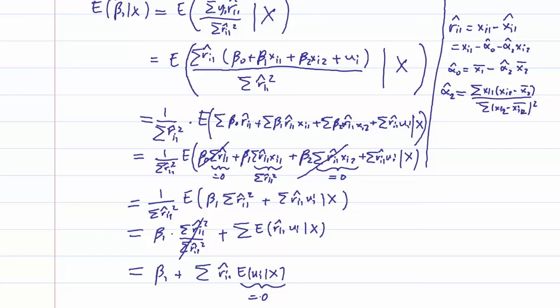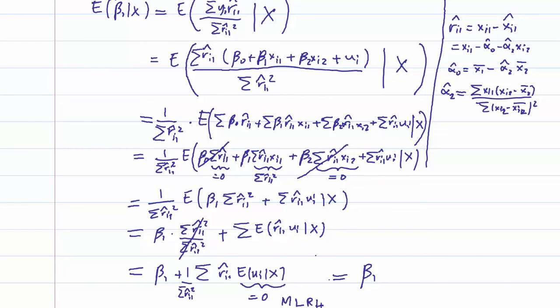This is equal to 0 according to Gauss-Markov assumption 4, MLR 4. And if this expectation is 0, the product of 0 with ri is 0. Then we have a sum of zeros. And I forgot to put here 1 over the sum of ri squared. So 0 divided by anything is 0. So we just have beta 1.